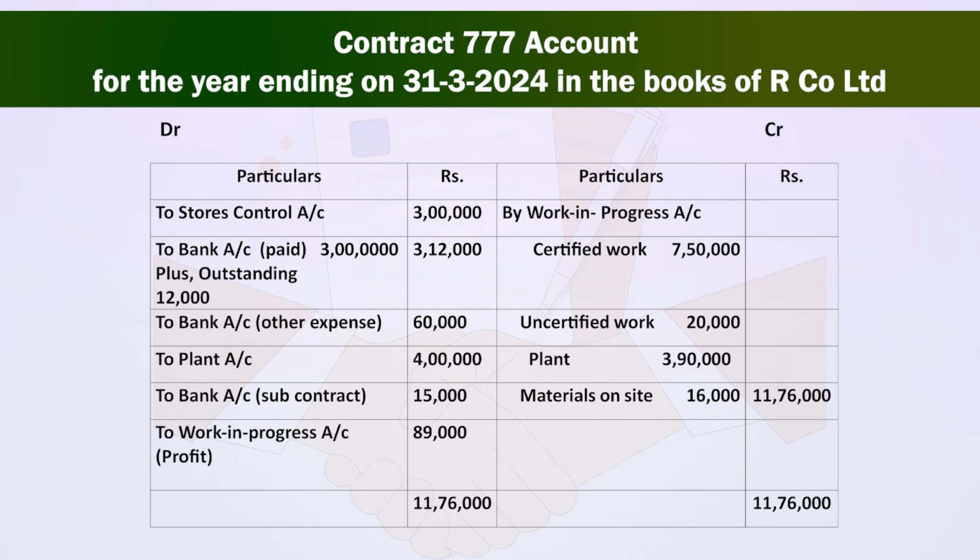So, there is profit of rupees 89,000, which will transfer to work in progress account. So, last entry is to work in progress account, profit by rupees 89,000.